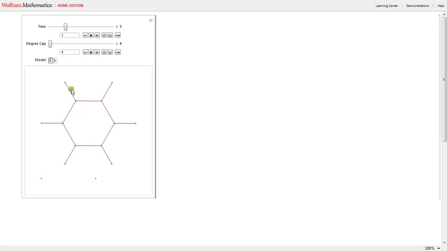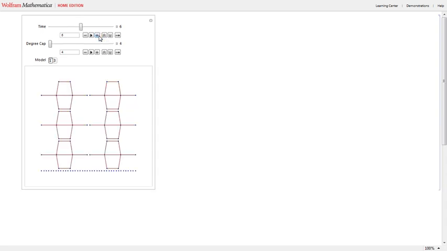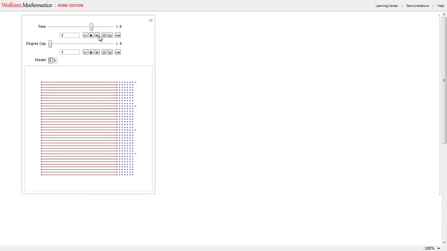And so what happens when we update this system again? It looks pretty interesting. Well, when we update the system again, the system actually breaks into 6 different lines. Okay? So that was quite unexpected. And then as we update the system more, we see that these lines are going to grow and break into more different structures. So these degree cap reproduction systems tend to have quite complicated dynamics.